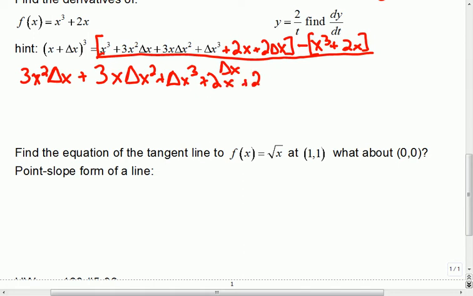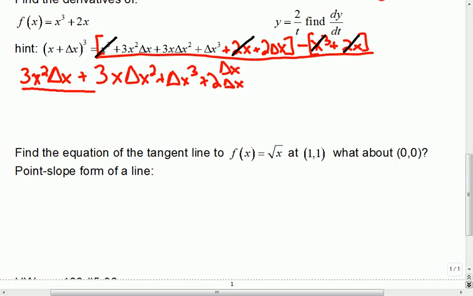Those pieces I was right the first time, it was 2 delta x, because these pieces are going to end up canceling out. So that's what I was left with.